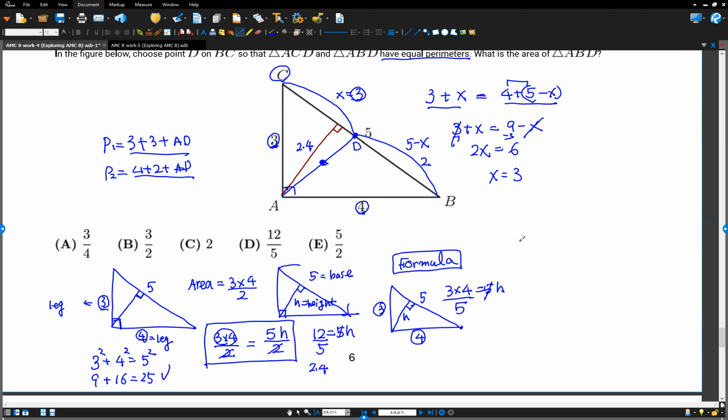Or another example. If we have 5 and 12, we need to find the length of this perpendicular.